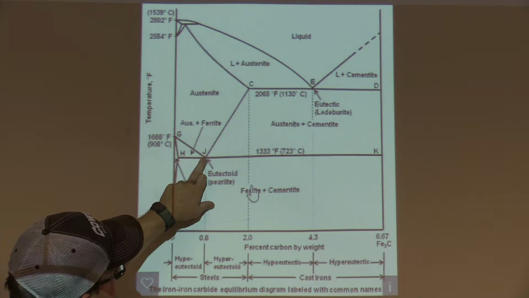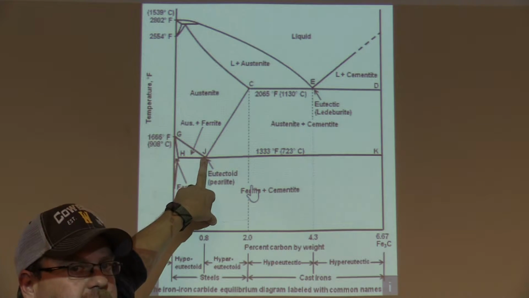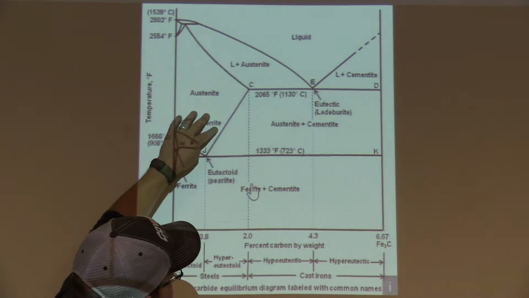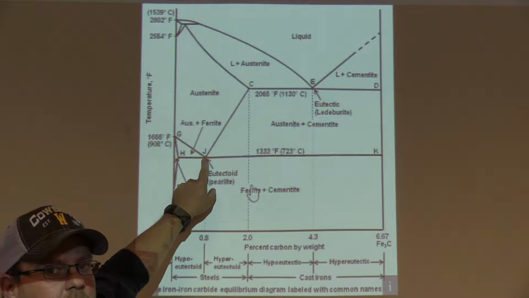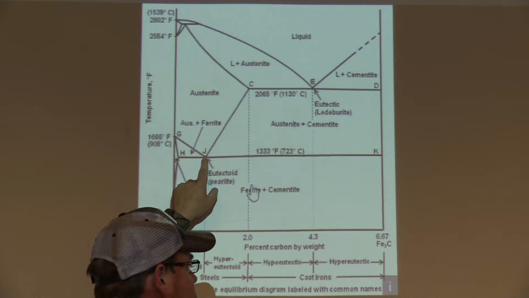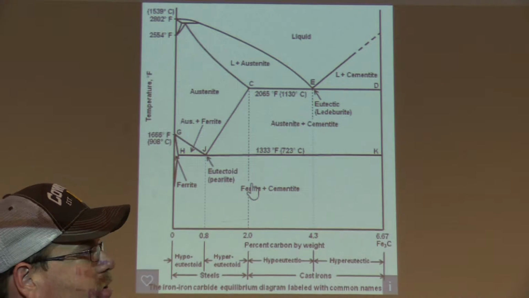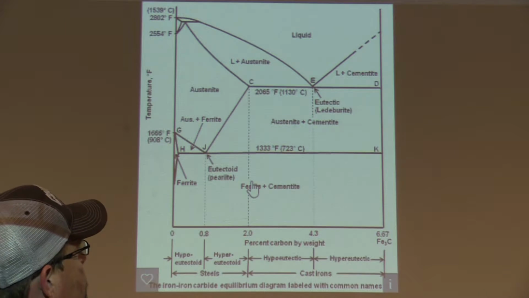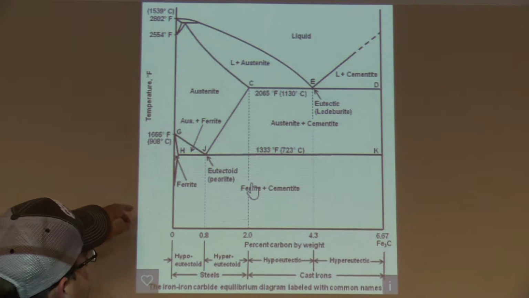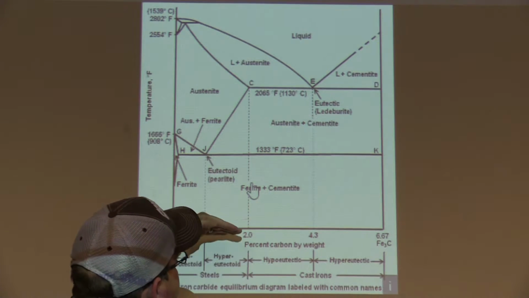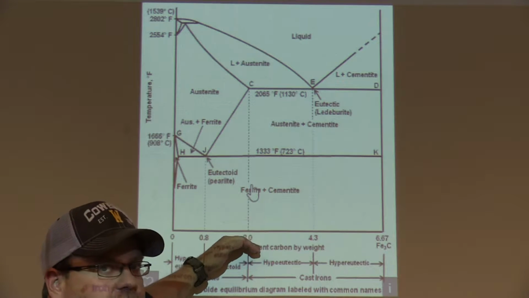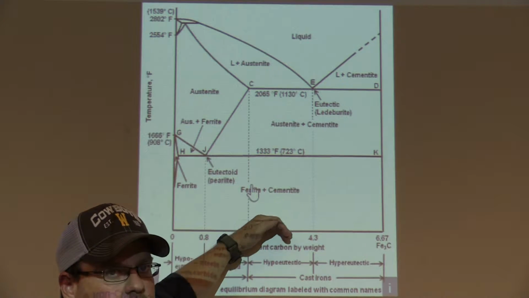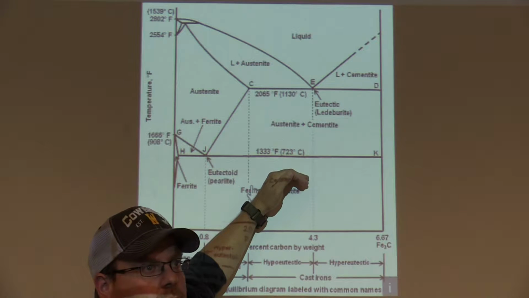It's right here, on the lowest point of the iron-carbon phase diagram, at which temperature range we go from ferritic to austenitic. This is where your grain structure starts to change. Everything up to this point is still in its original structure that you started with.